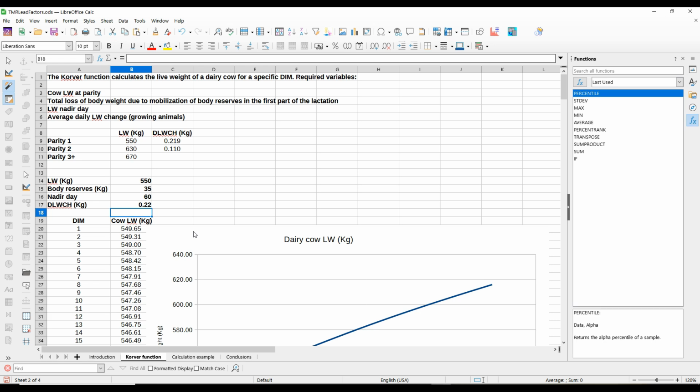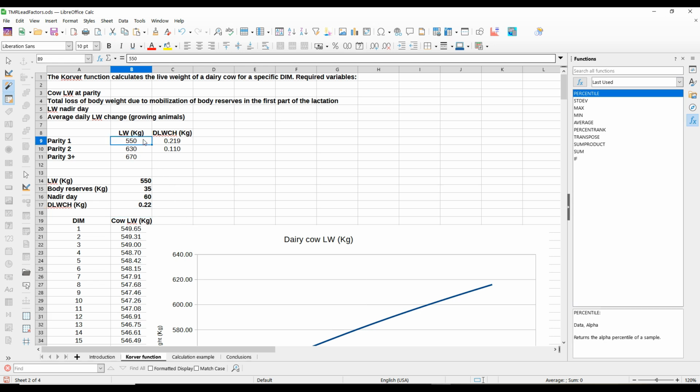The required variables are the cow live weight at parity, at calving, the total loss of body weight due to mobilization of body reserves in the first part of the lactation, the nadir day, the day the minimum live weight of the cow is observed, and the average daily live weight change for growing animals, first and second lactation cows.